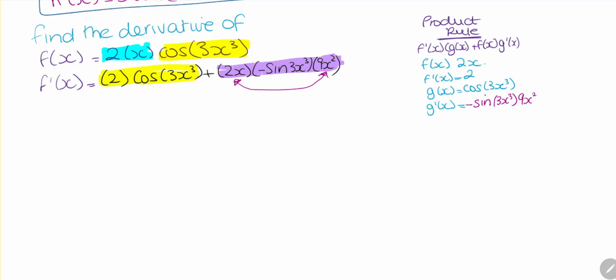So we have 2 cosine of 3x cubed, and then we're going to multiply 2 and 9. We've got a negative here, so this minus 1 we'll bring out. So we'll have minus 18x cubed sine of 3x cubed.